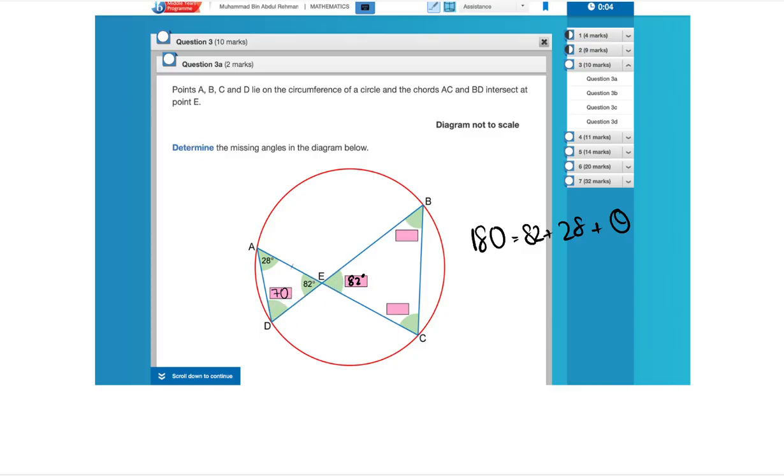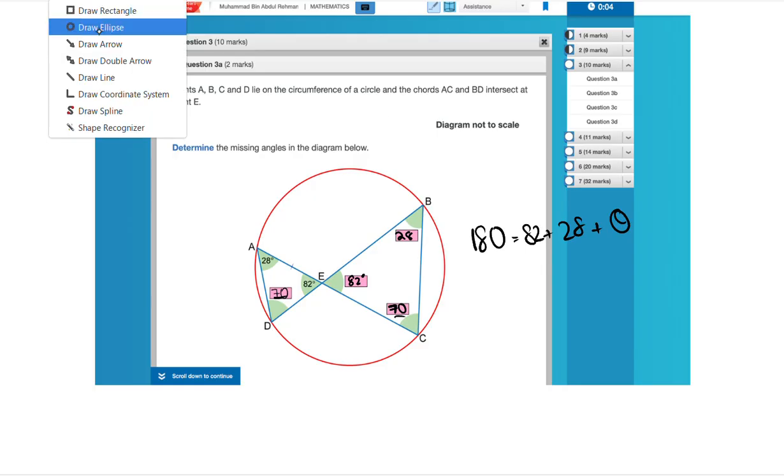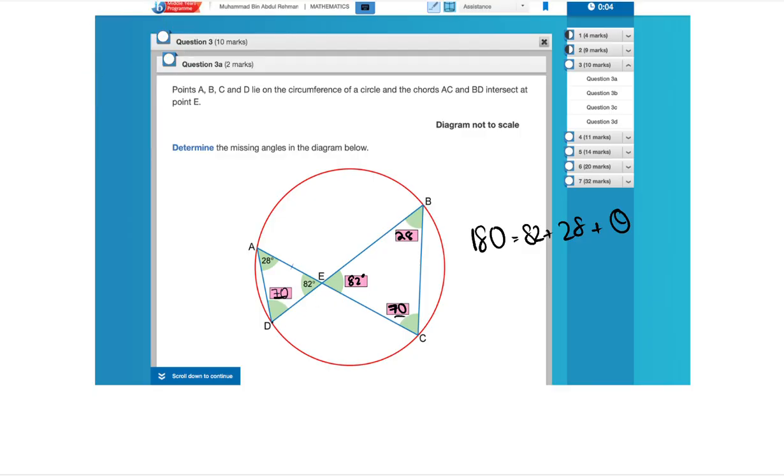Now, if this one is positive 70, we should know that these two angles are corresponding to each other, corresponding angles. And this one is also going to be 28 degrees, right? So basically, we have to consider the idea that if angles are starting from the same chord, they are going to make the same value. So for example, this was the starting chord, for instance, this one, right?